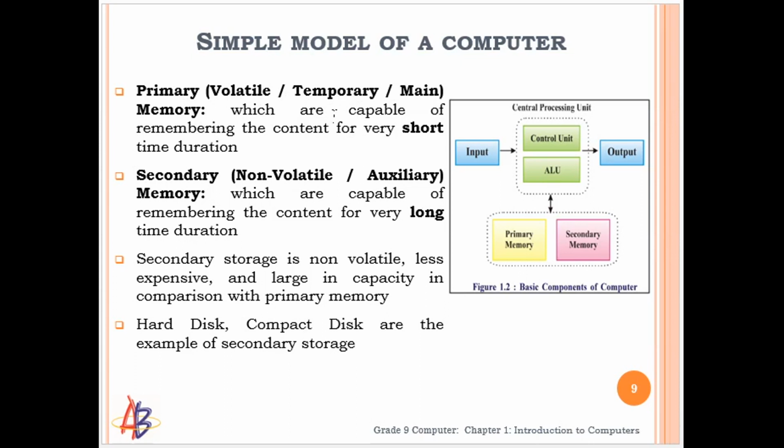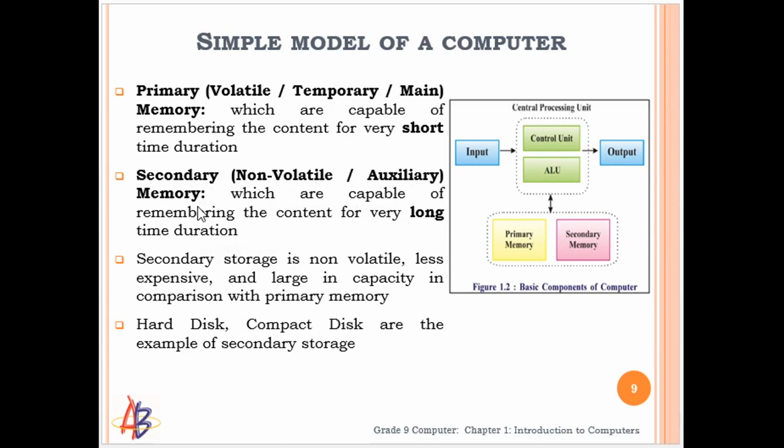Because it remembers the content for a very short time duration, and that's the reason it is called volatile memory. If we talk about secondary memory, it is also called non-volatile memory or auxiliary memory, which is capable of remembering the content for a very long time duration.